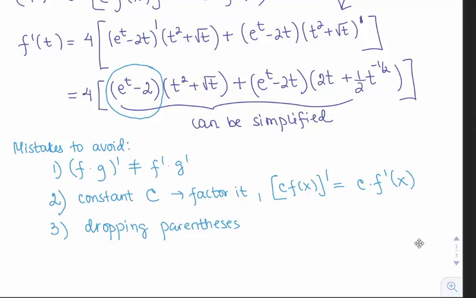You're distributing only the -2 through that product, but you actually have to do the whole thing. Make sure you don't drop these parentheses if you have more than one term in your derivative. Definitely keep track of all the parentheses. That's one of the mistakes that happens all the time.